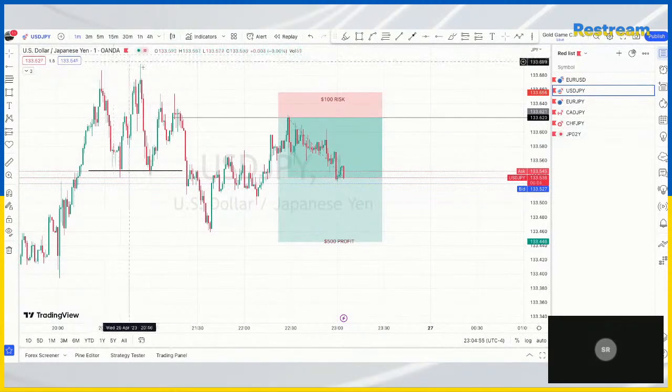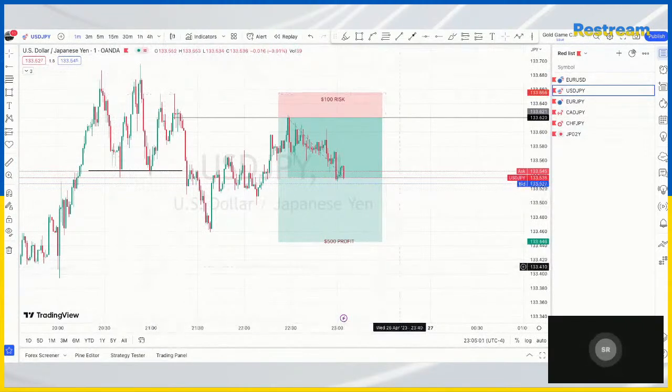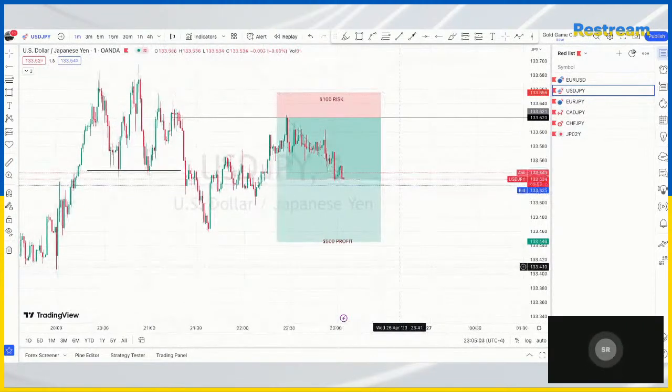So we'll see what they do. I don't have to do anything else besides just waiting for them to all play out, or just for this one to play out and then put me in profit by $500, right?